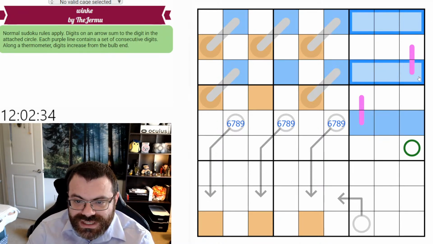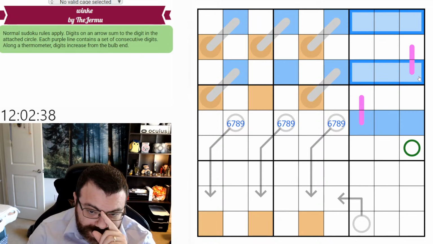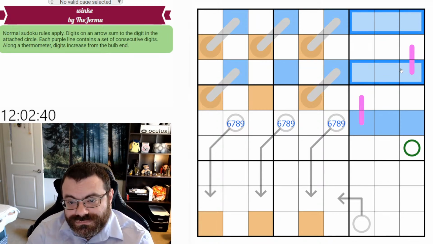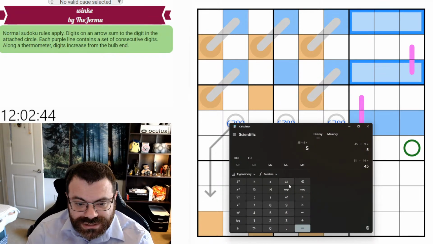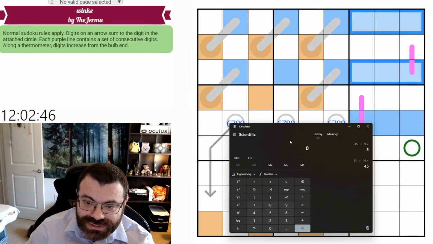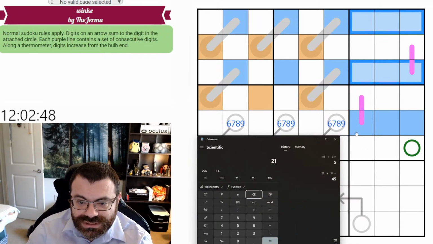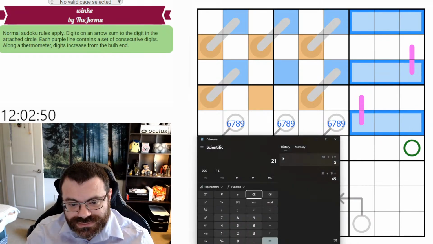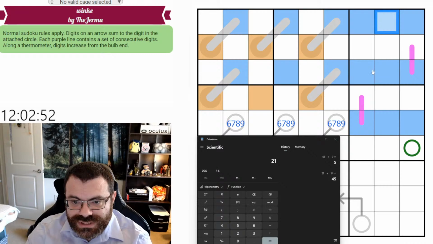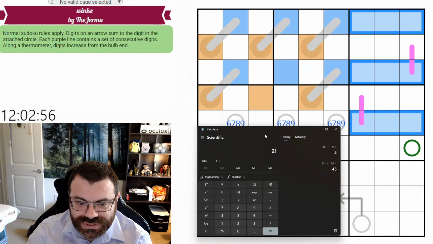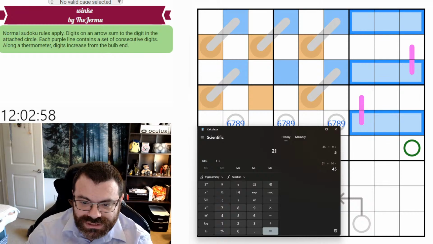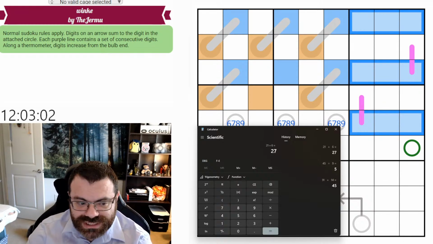So these blues sum to at least, let's use a calculator here. 1 through 6 is 21, right? So these sum to at least 21. These 3 cells sum to at least 6. So we can add 6 to that. That's 27.